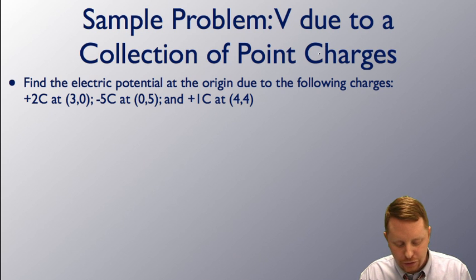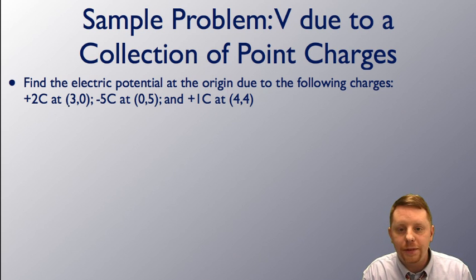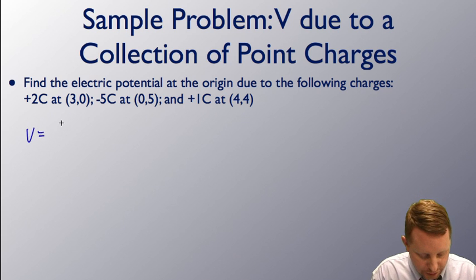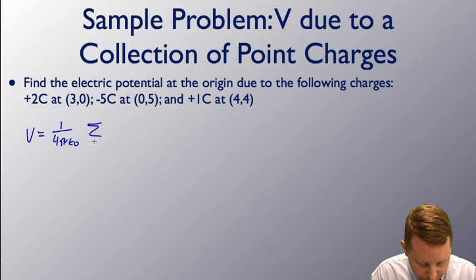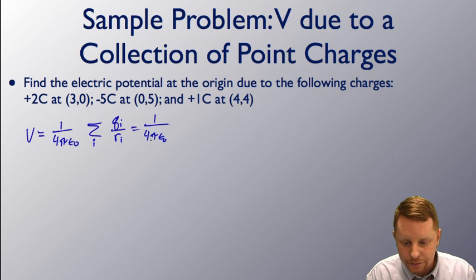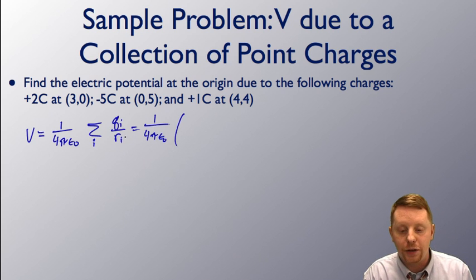So let's find the potential due to a collection of point charges. Find the electric potential at the origin due to the following charges: plus 2 coulombs at 3, 0, minus 5 coulombs at 0, 5, and plus 1 coulomb at 4, 4. Well, our electric potential is just going to be 1 over 4 pi epsilon naught times the sum over all i of qi over ri, which is 1 over 4 pi epsilon naught times, let's add up all of our q over r's.